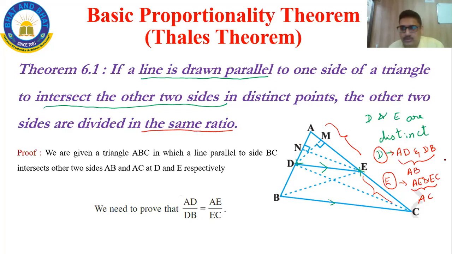So I should find the ratios AD by DB and AE by EC. Same ratio means they are equal to each other. That means AD divided by DB is equal to AE divided by EC. This is basic proportionality. In a simple proportion, the sides are getting divided.